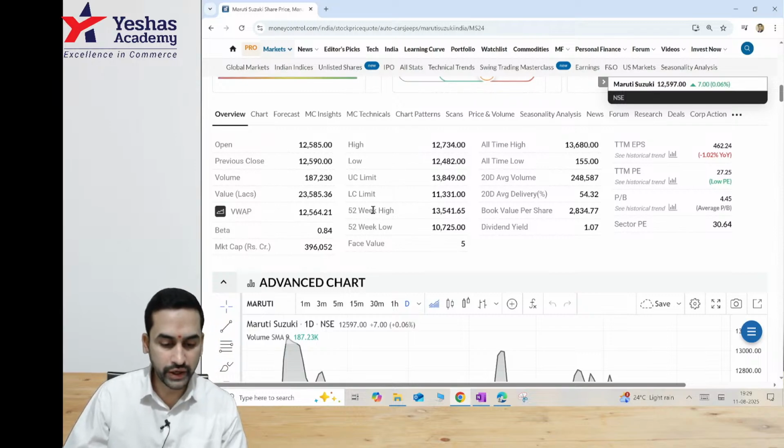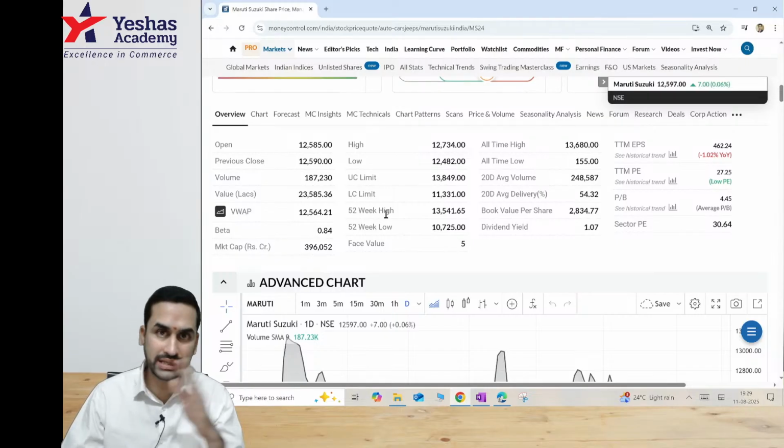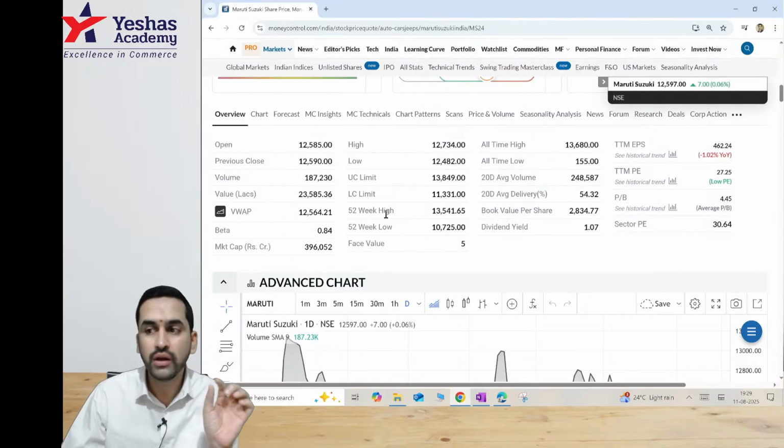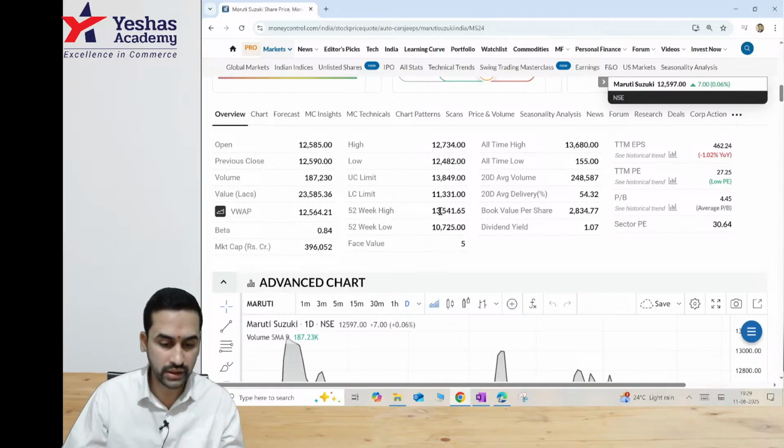Okay, 52-week high means in last 52 weeks, basically 1 year. What was the highest price it ever reached in last 52 weeks? 13,541 rupee. And 52-week low, this is the lowest price this share saw in last 1 year. Okay.